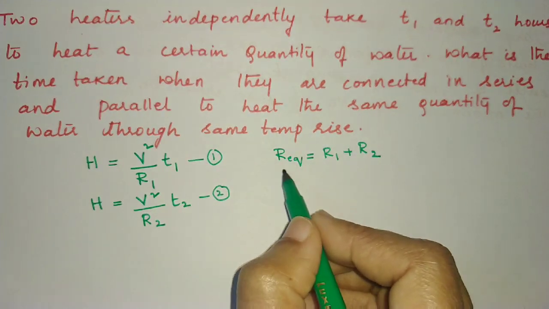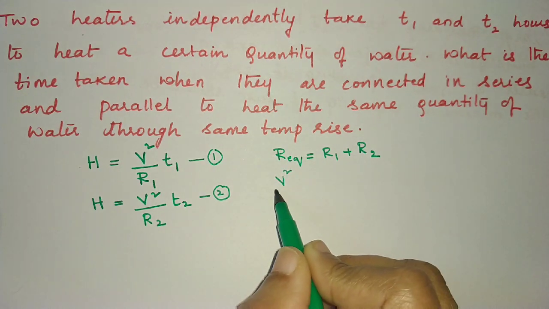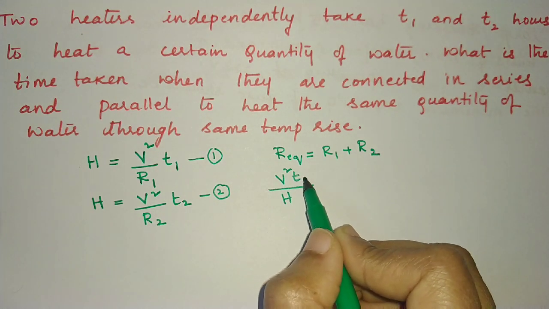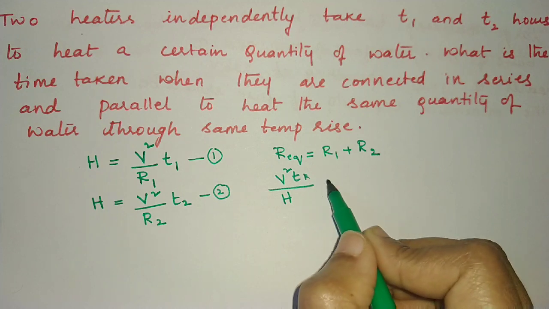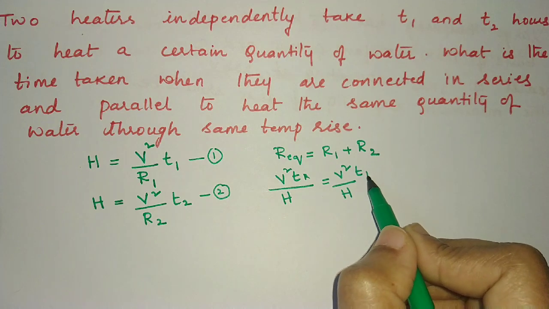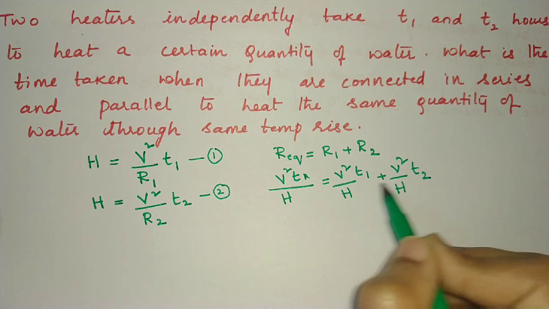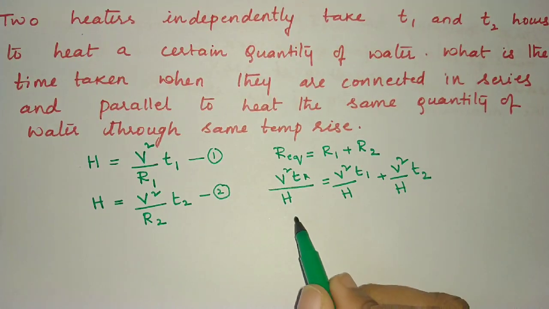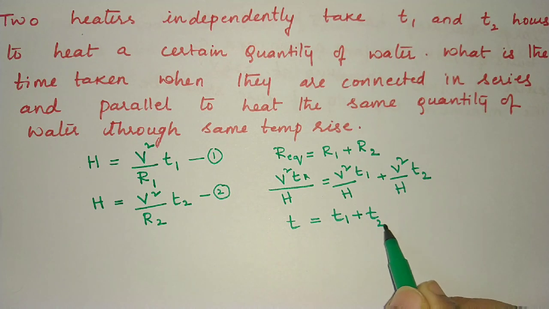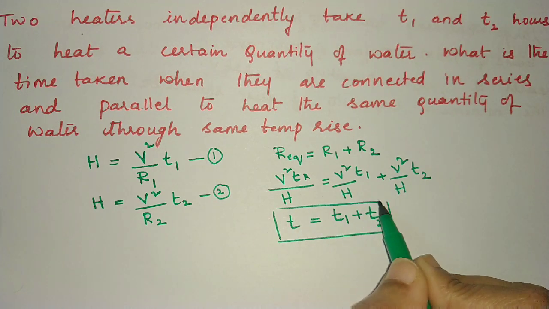So R equivalent can be written as V square by H into T, which should equal V square by H into T1 plus V square by H into T2. V square and H will get cancelled. What is the total time taken when they are connected in series? T1 plus T2.